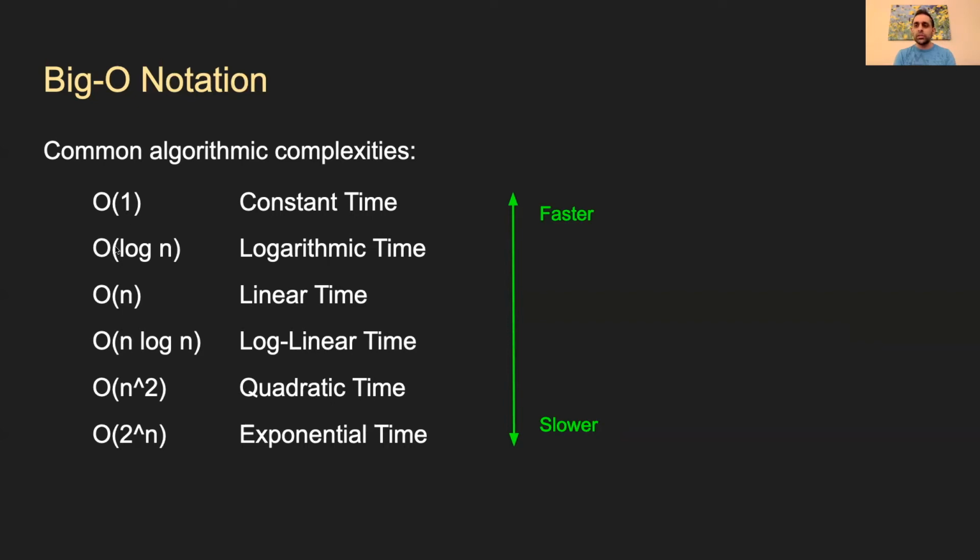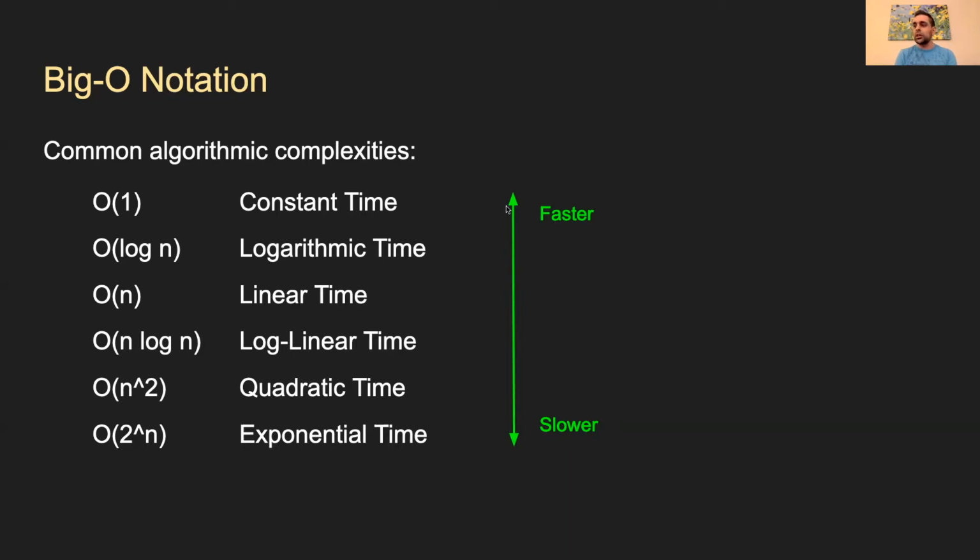We'll talk more about these in detail, but just to highlight them, we have logarithmic time, notation O of log n. We also have linear time, which is simply O of n. Then we have log linear time, which has a few different names, but is n times log n. Then we have n squared, which is quadratic time. And then we could even have O of 2 to the n. Again, this 2 can be anything, but in this case we use it for exponential time.